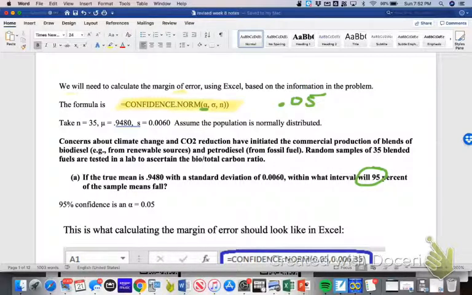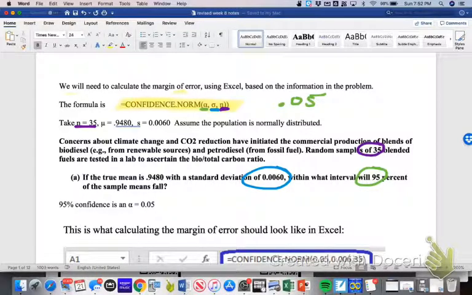The next piece of information that we need is the standard deviation, which I got from the problem right here. And finally, we need the number of values, our n, in the formula, which in this case is 35, and we got that from the 35 samples.